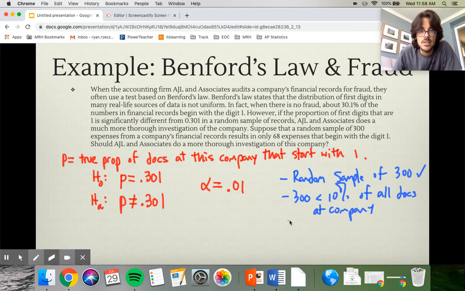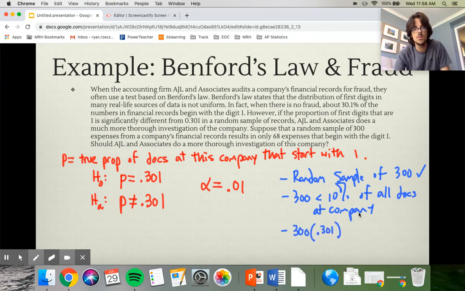And then I need to also check my np and n(1 minus p). I do not advise you put the letters. I just recommend you plug stuff straight in. n times p, and you take your p from H0. So 300 times 0.301 is about 90.3.